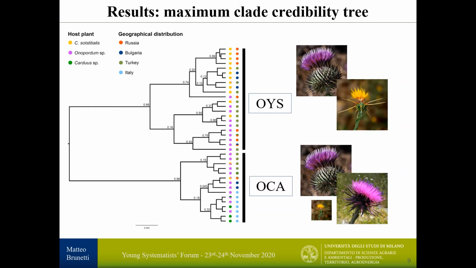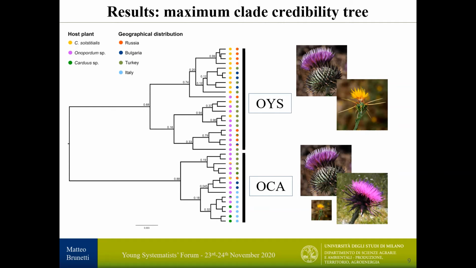The two main clades that we can identify are quite well supported, but do not correspond to a pattern determined by the host plant. So the first group includes individuals collected both on Onopordum and Centaurea solstitialis.